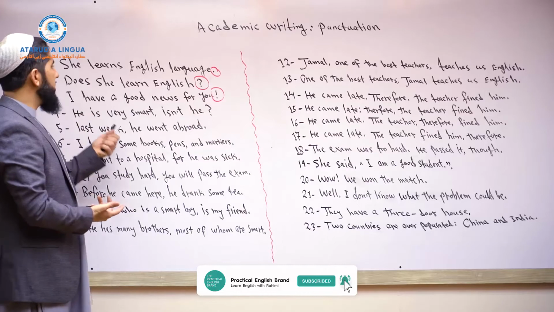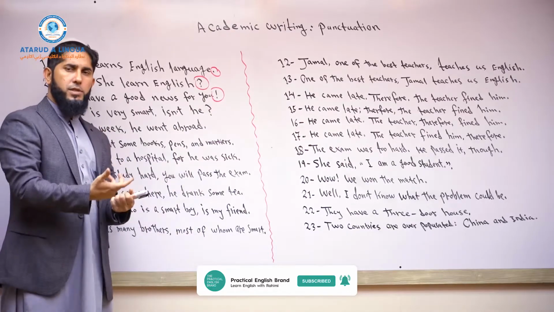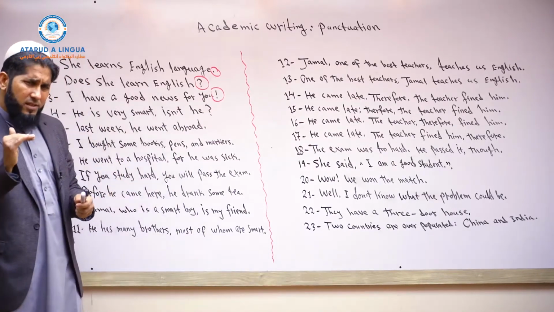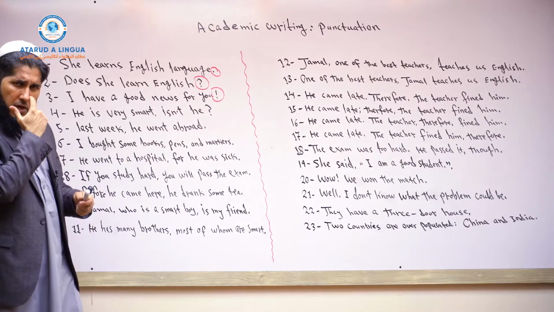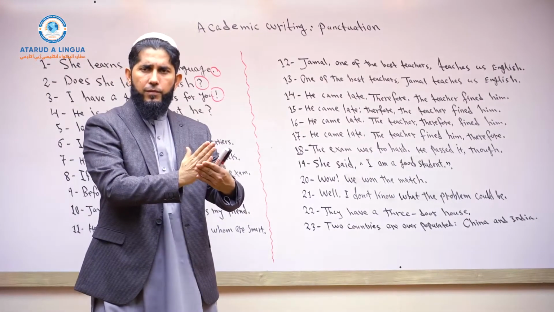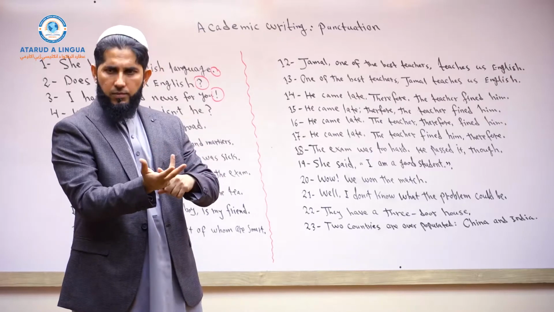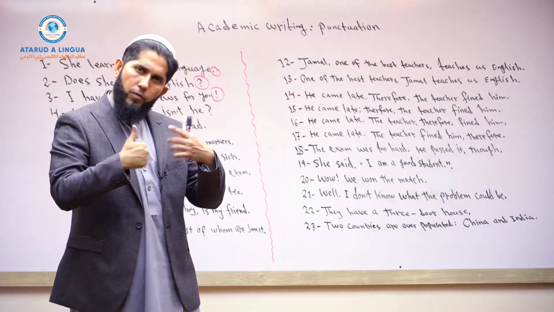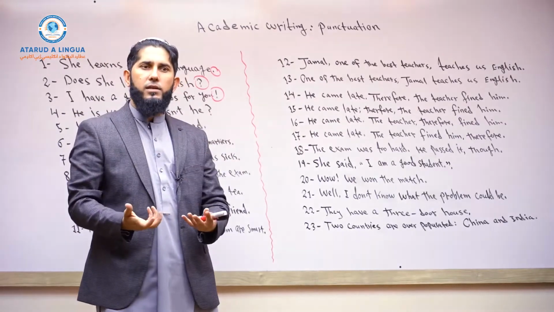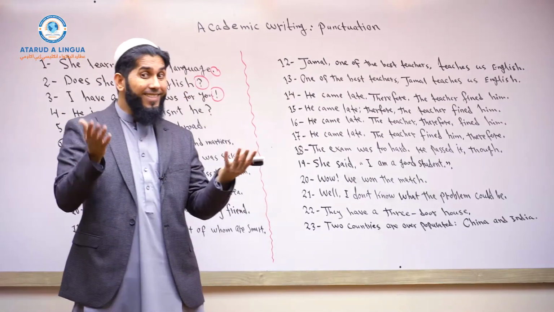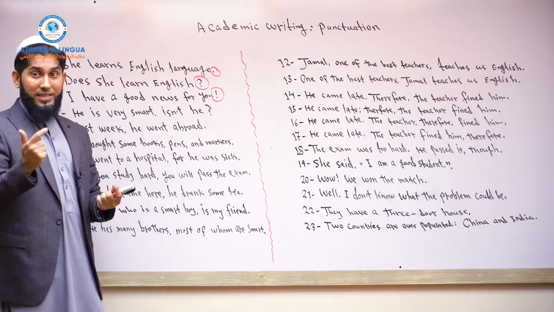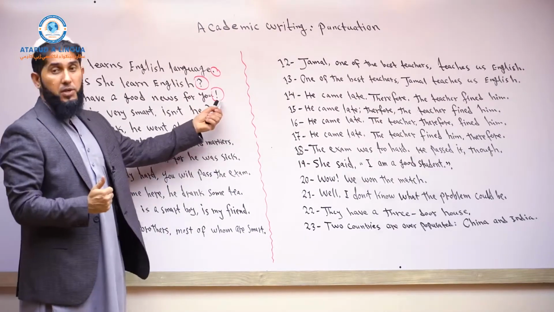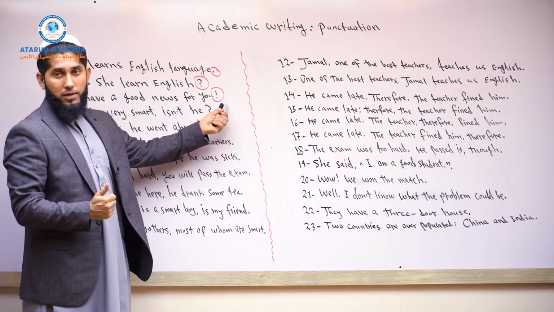So what is an exclamatory sentence? If you read a sentence, and it gives you a sudden feeling, such as excitement, anger, joy, nervousness, sadness, okay, surprise, that is an exclamatory sentence. And you need exclamation mark at the end of those kind of sentences.